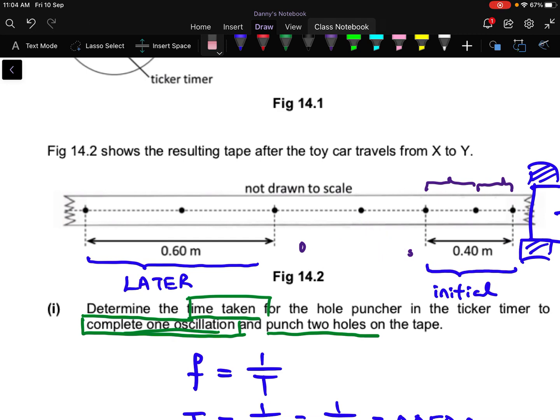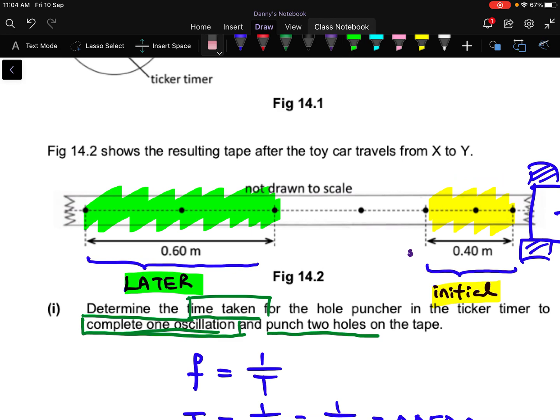So to summarize what I have gone through so far, this yellow part of the tape represents an earlier time, so initial. This green part of the tape is what happened later.